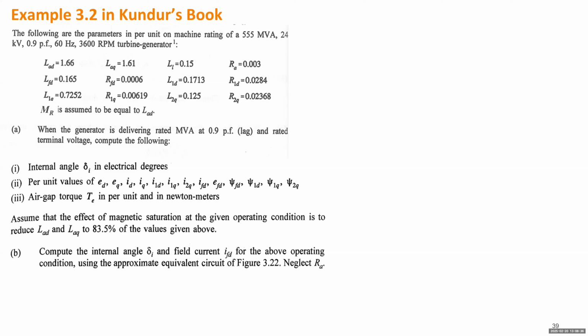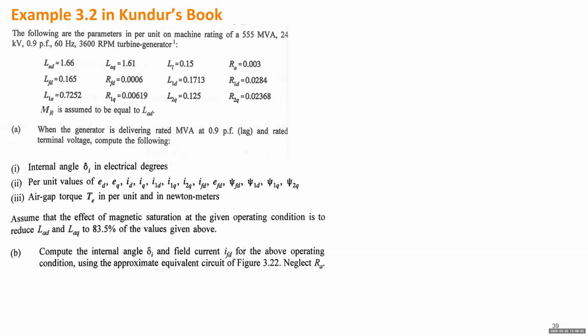If you know the reference angle in the power system, you add the terminal angle and delta I, and that will give you the true rotor angle. Then you want to calculate the voltage and current in the d and q axes for the different windings, and also flux linkages, and we want to calculate air gap torque in per unit.